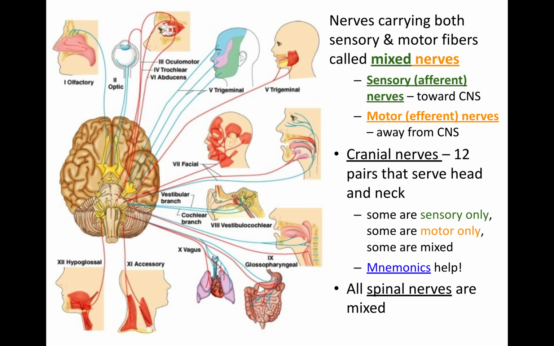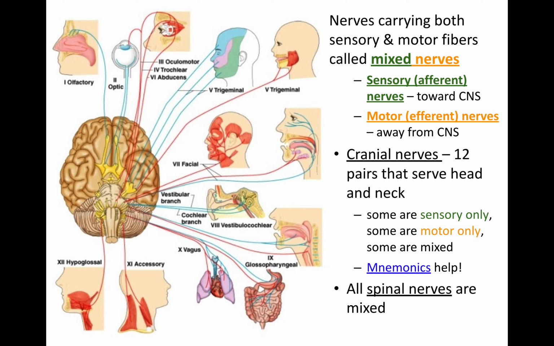Now, nerves carrying both sensory and motor fibers, meaning individual neurons that can allow either motor control or sensory control, we call these mixed nerves. So the neurons themselves aren't mixed, but if you recall, the structure of these nerves contains hundreds, if not sometimes even thousands, of individual neurons.